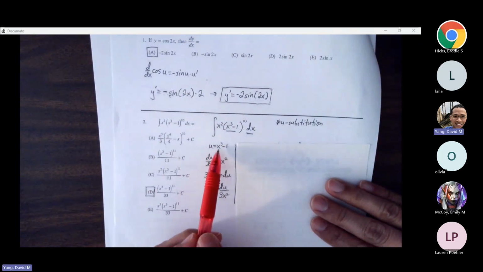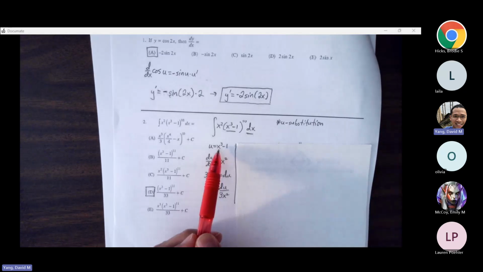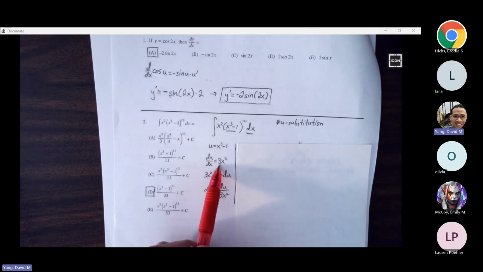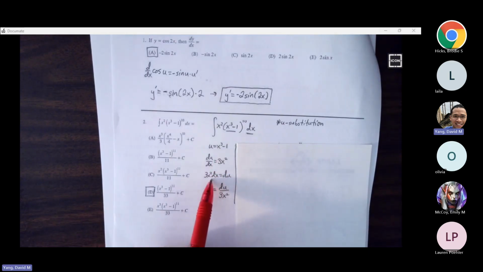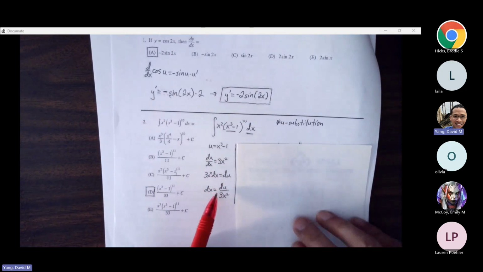So u equals x cubed minus 1. Derivative is 3x squared. Cross multiply, we get 3x squared dx equals du. Solve for dx, and we get du over 3x squared.